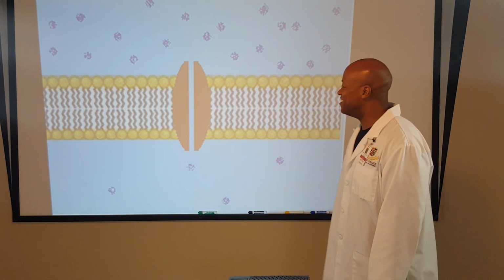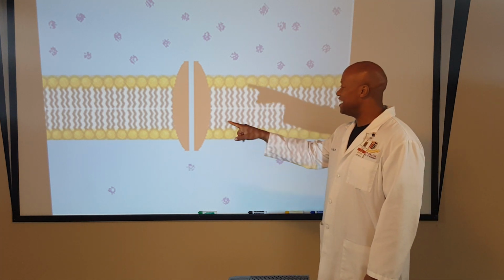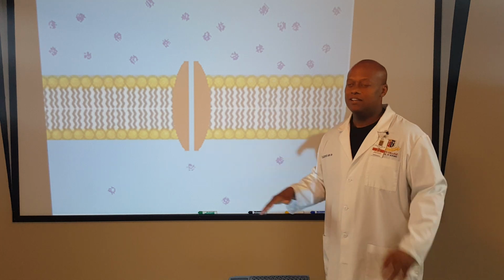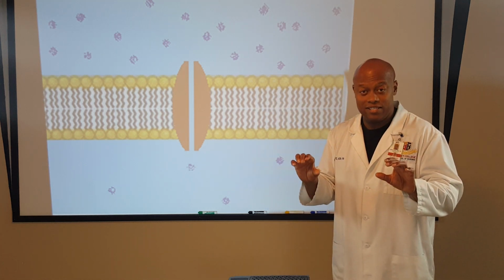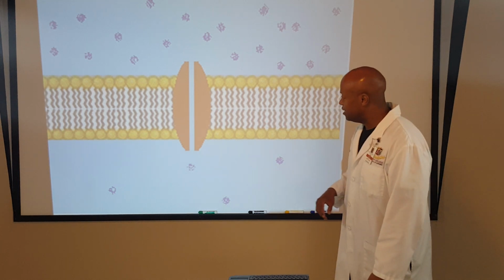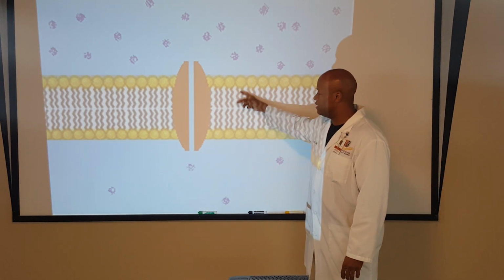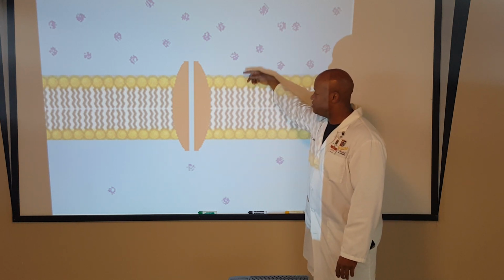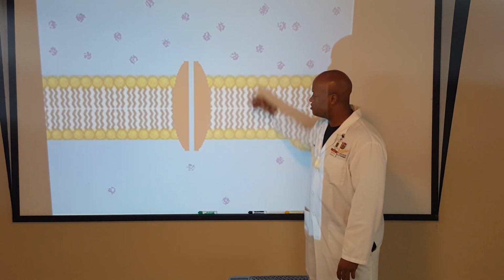So I've drawn a bi-phospholipid layer here. The cell membrane is made out of phospholipid layers. So it has a phosphate head and these tails, and the heads are always on the outer parts, or the innermost.